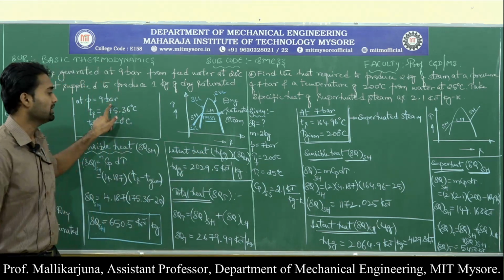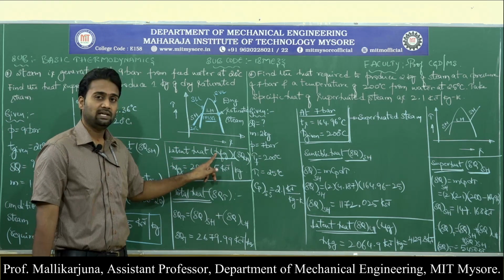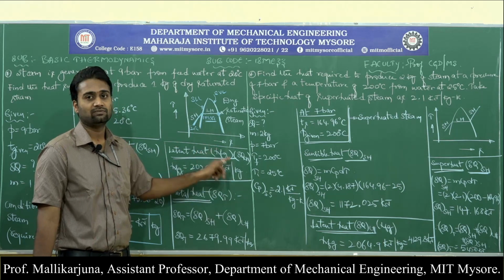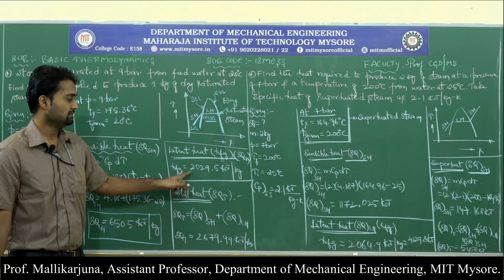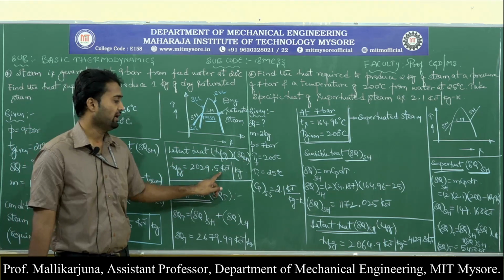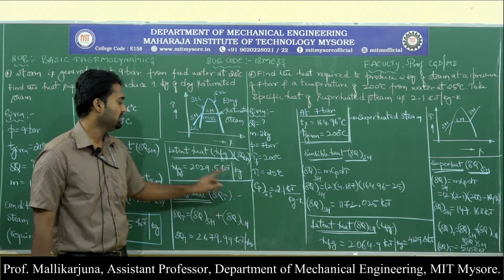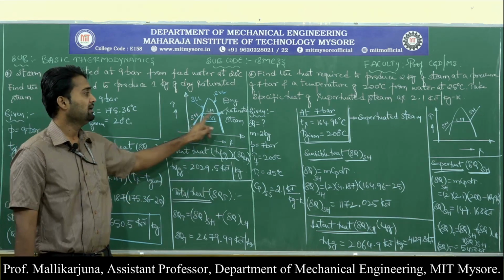Directly at 9 bar pressure, the value of h_fg, the enthalpy change for conversion of fluid to gas, is nothing but latent heat. So h_fg is 2029.5 kilojoules per kg, in the sense for 1 kg. Per kg, this is the amount of heat responsible for the phase conversion.